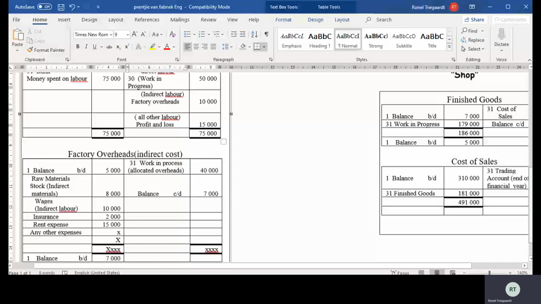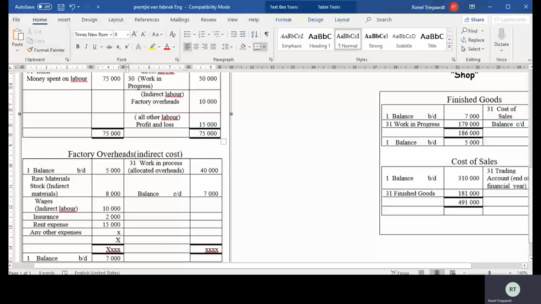We're just going to do the important accounts. We're not going to do the routes for direct material, raw materials issued, then to direct material cost. We're just going to do a raw materials account. I'm going to do a labor account, factory overheads, because those are the accounts that are important.